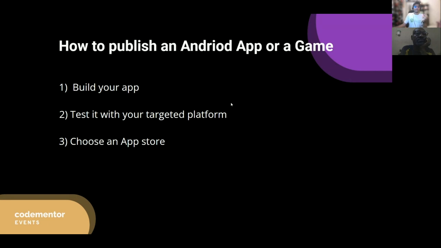So let's move to how to publish an app. After building your app in Android Studios and testing it with the targeted platform, like if you have targeted for Android app, you have to choose the app store, like Google Play Store or any other app store.